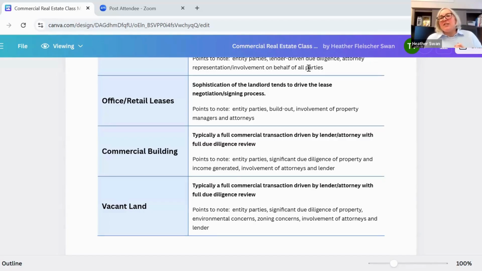The terms can change at the very last minute. The terms can change at the table. Pricing can change. Loan amounts can change. That can all change the night before closing. You don't have the built-in protections that you have in residential real estate that control the timeframes a little bit more and control the language in the contracts and the language in the leases like you do in residential real estate.